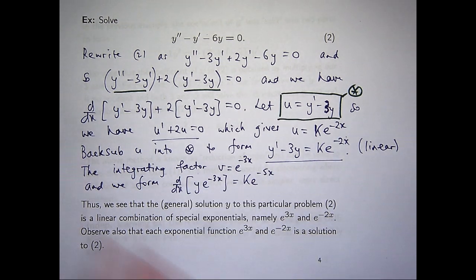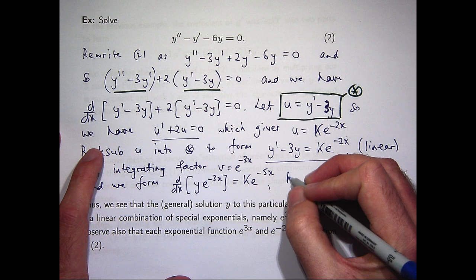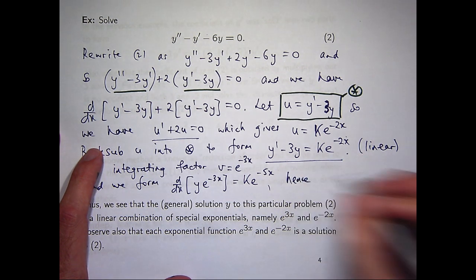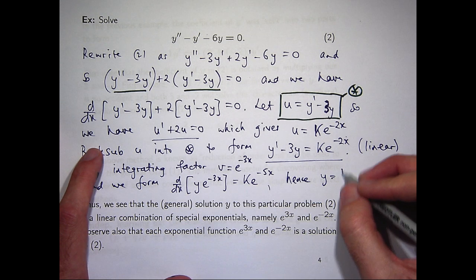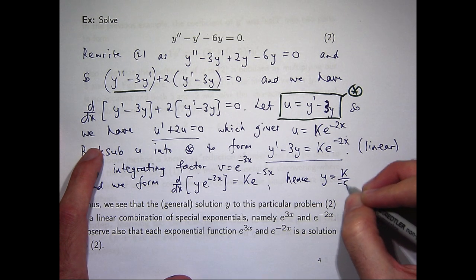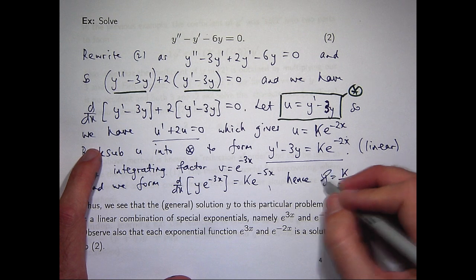Now, to find y, all I do is integrate and then rearrange. So I integrate this, I'll get something like k on minus 5. Let me start that again.